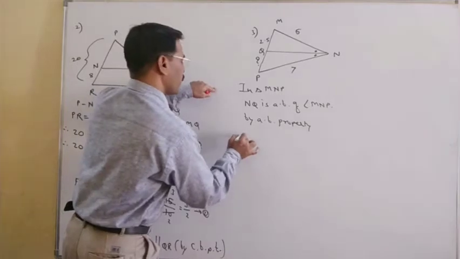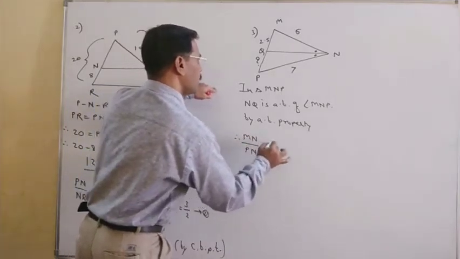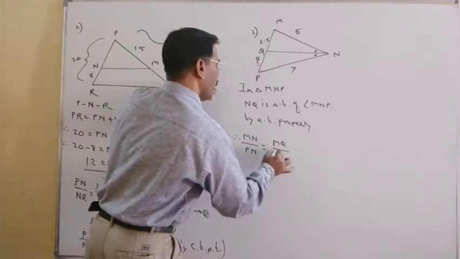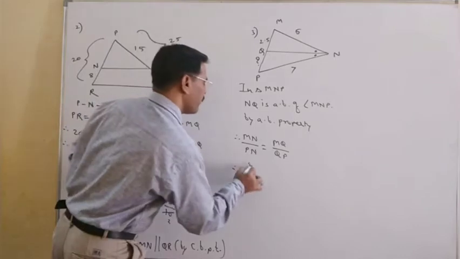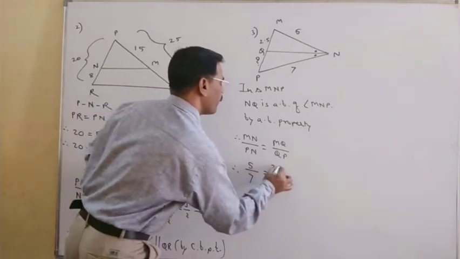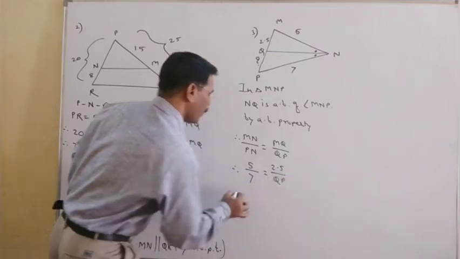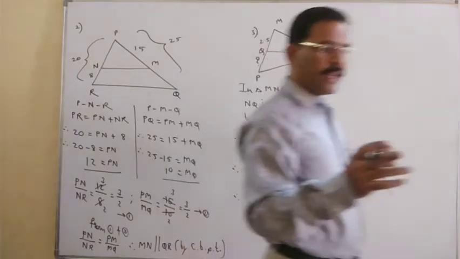Therefore, MN upon PN is equal to MQ upon QP. Just try to put the values here. What is MN? 5. PN, 7. MQ, 2.5. And now QP we are going to find. See here, now it is one of the very important parts.